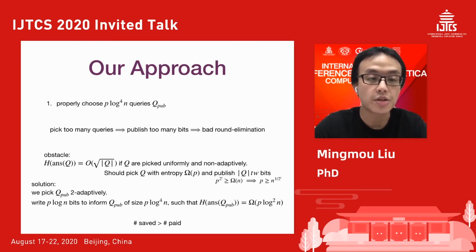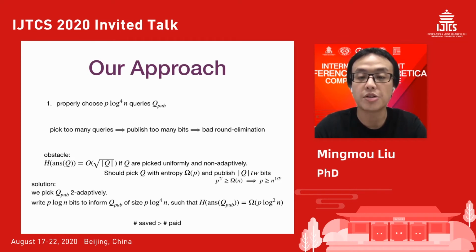We are going to execute round elimination recursively, so we are going to publish the cells probed by QPub in each round of round elimination. If we pick too many queries, we would publish too many bits in each round. In that scenario, we cannot eliminate many rounds, since the number of published bits in the end is limited. It turns out that we cannot prove a good lower bound.